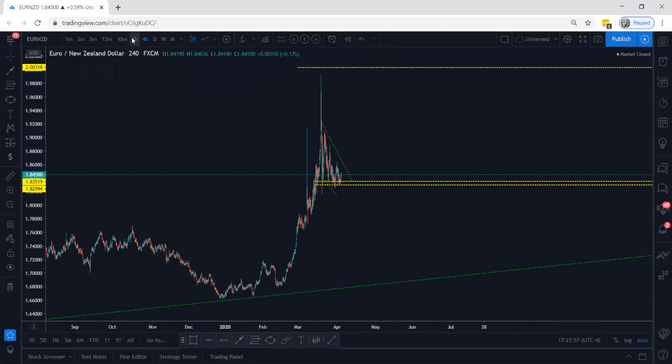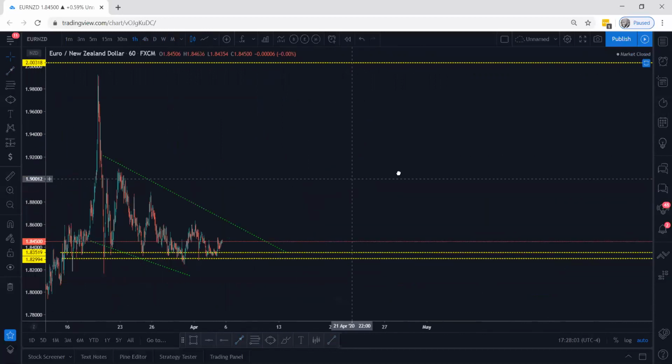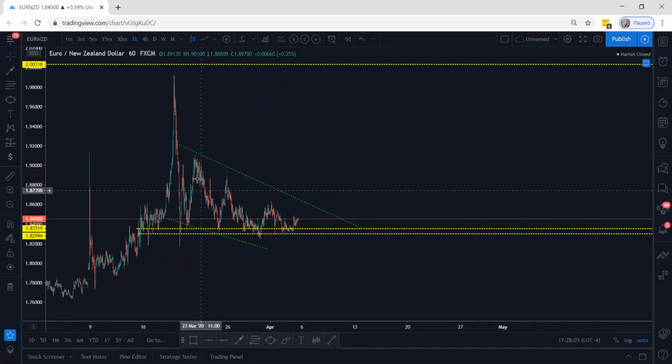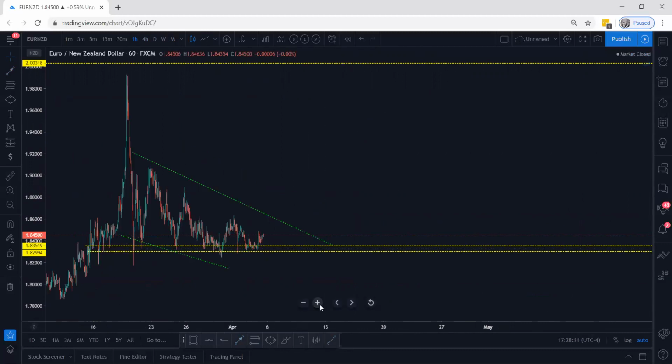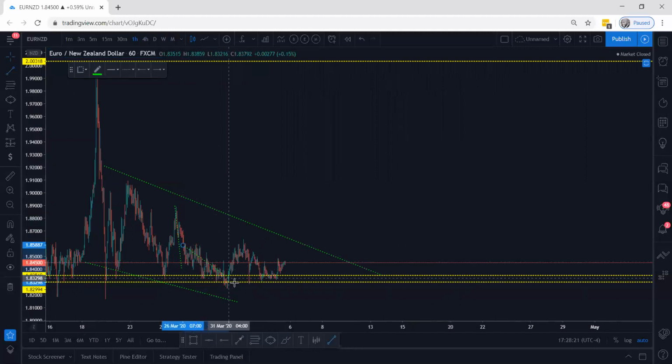So as I drop down to the 1 hour, I want to start looking for price action. And as you can see, in this zone, price is pretty much coming into this area and wicking. And even here, you have an impulse and you have a descending channel right into that zone.